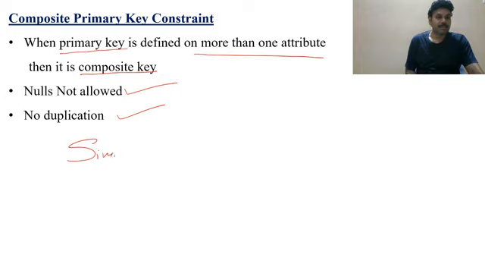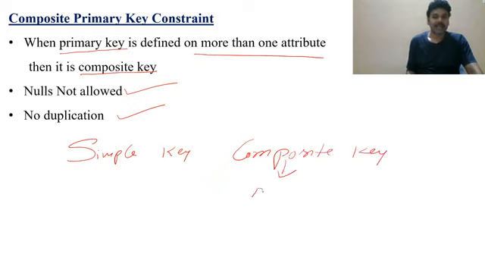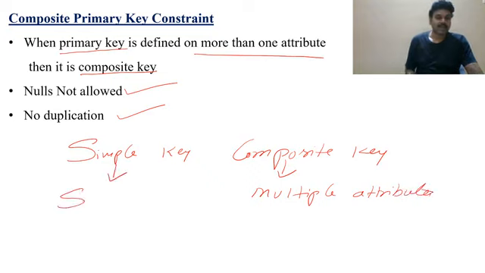There is a simple key, there is a composite key. When I am saying a composite key, the key is defined on multiple attributes. When I am saying a simple key, the key is defined on a single attribute.